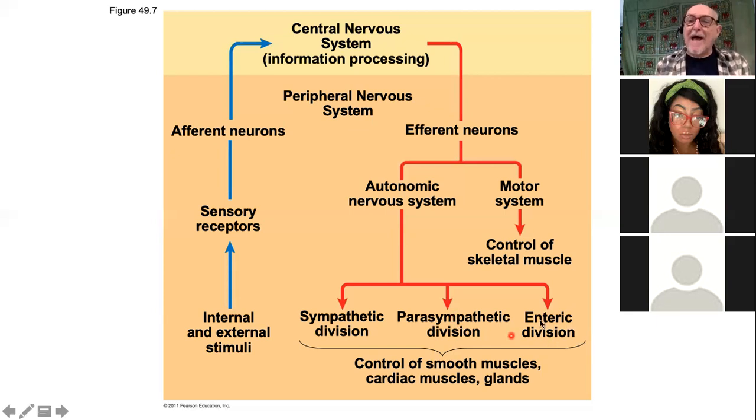The third unconscious autonomic part of the nervous system is called the enteric division. And this is purely associated with the gut and with organs of the gut, like the pancreas, gallbladder, that sort of thing. And it governs actions of the gut, glandular release, and peristalsis, all of these sorts of things.